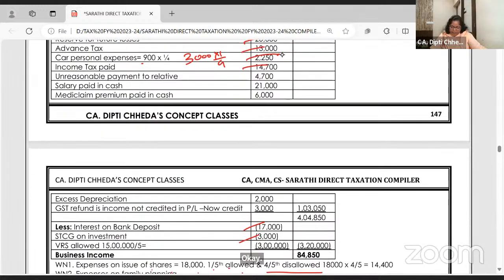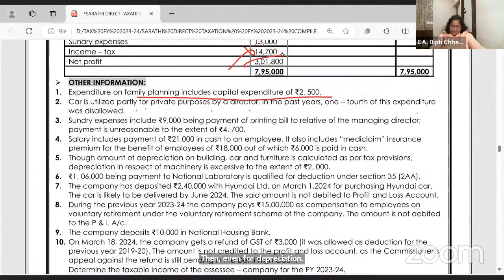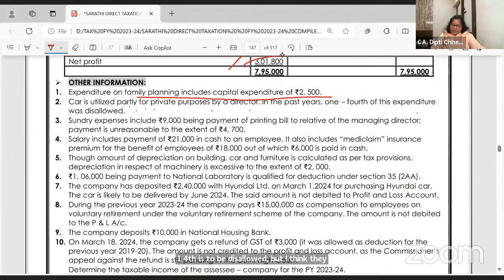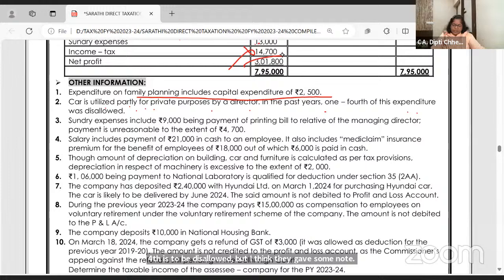Then even for depreciation, 1/4 is to be disallowed, but I think they gave some note. Car is utilized for private and in past year 1/4 is disallowed. Okay, we'll see.